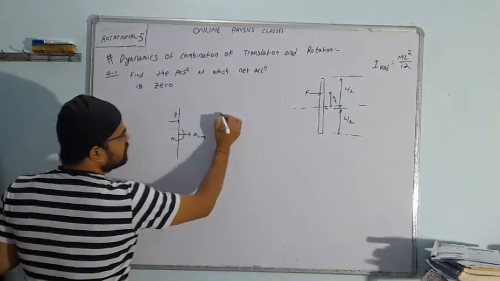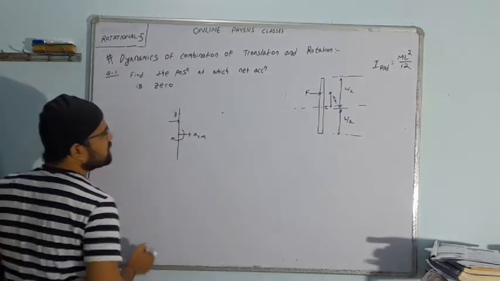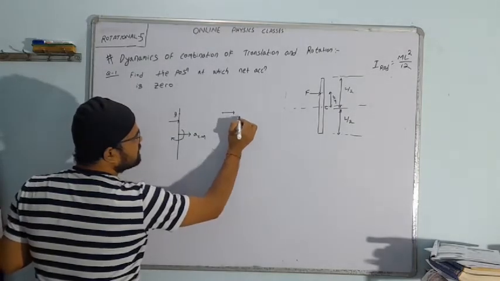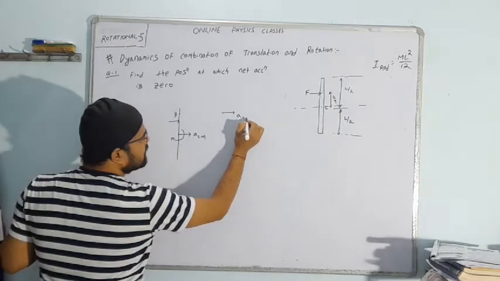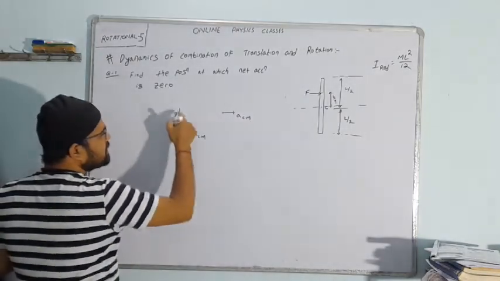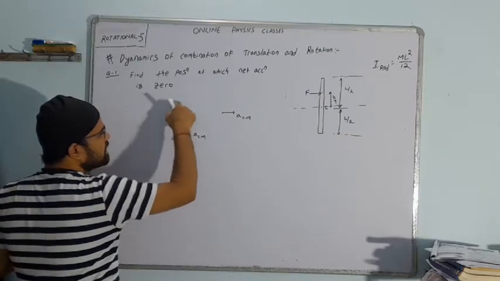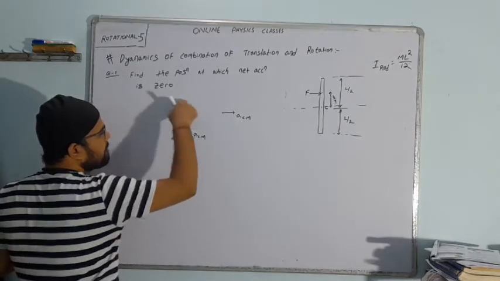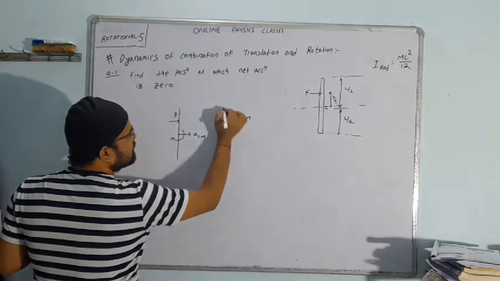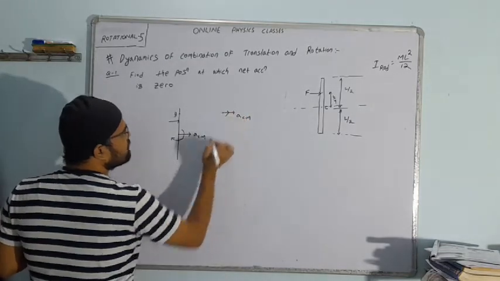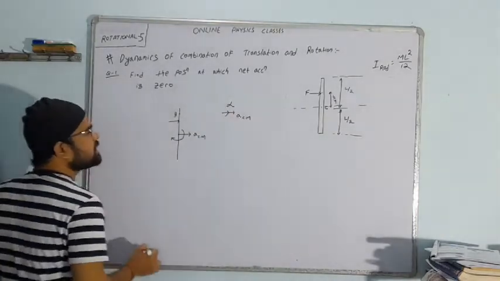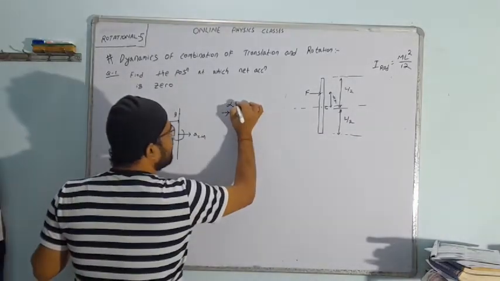At point D, the acceleration has a linear part, that is A_CM, and the rotation is clockwise. The other acceleration for D is due to rotation, alpha times the distance.